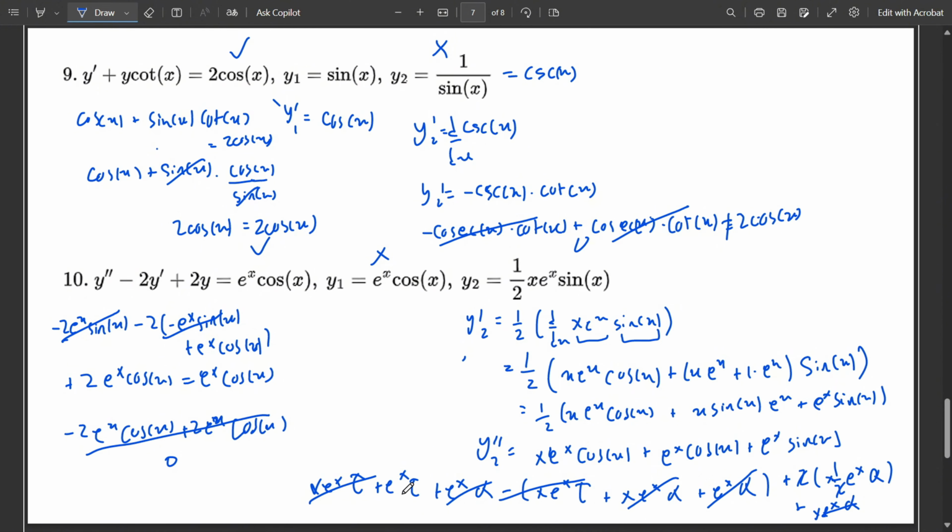So we have e to the x tau, which is e to the x cosine of x. Does it equal e to the x cosine of x? Yes, cosine of x. So it's true. So this proposed solution is a solution to this differential equation.